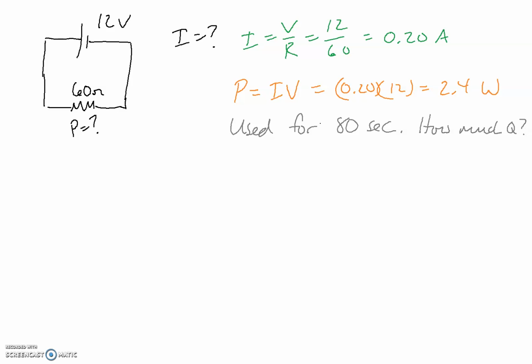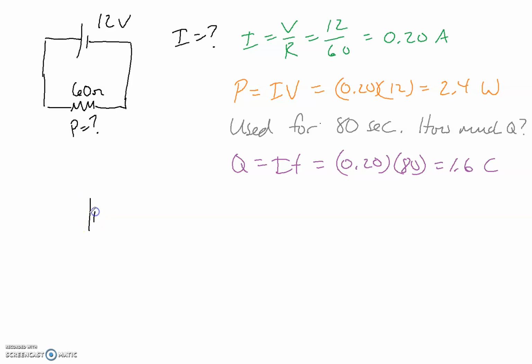So the charge would be I times t. With the current of 0.2 and 80 seconds, that's 1.6 coulombs of charge. You can even divide that by the charge of an electron and find out how many electrons were actually used. It's all just using basic little equations, so it's relatively straightforward.